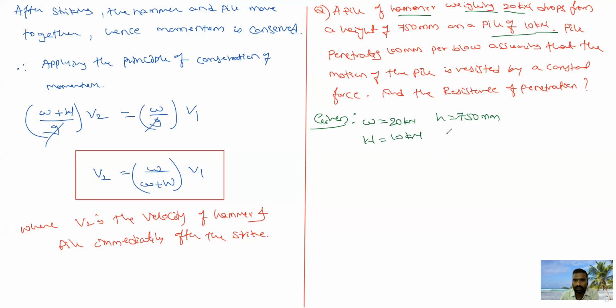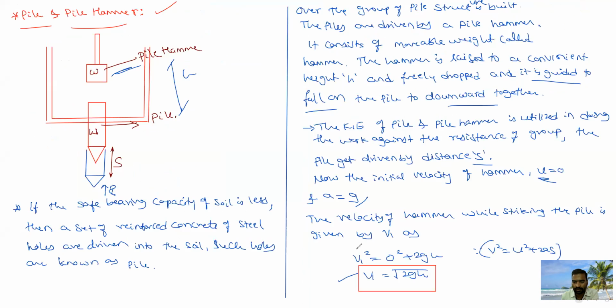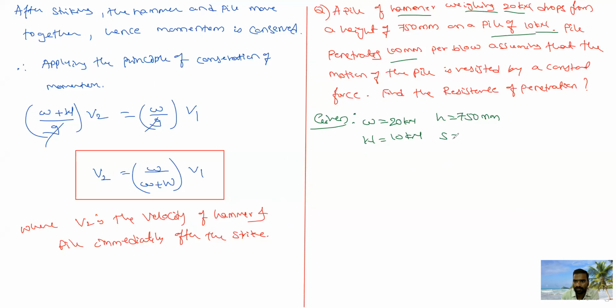Then the pile penetrates 100 mm. In the diagram, you can see there is s, the penetration. Again, there is a resistance from the ground, that is R. He is asking R only. So s is given, that is 100 mm per blow. Then what is asked? Assuming that the motion of the pile is resisted by a constant force, find the resistance of the force.